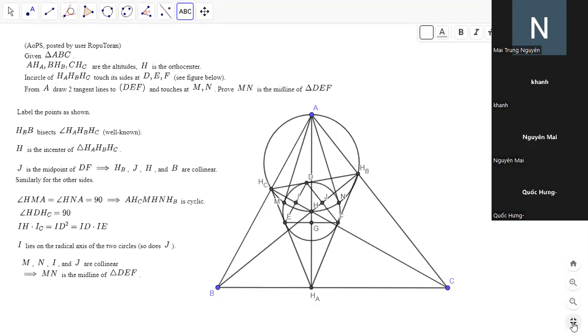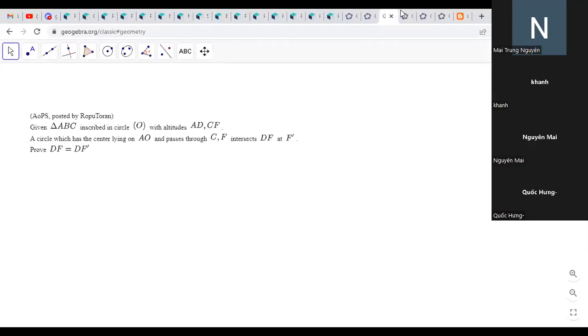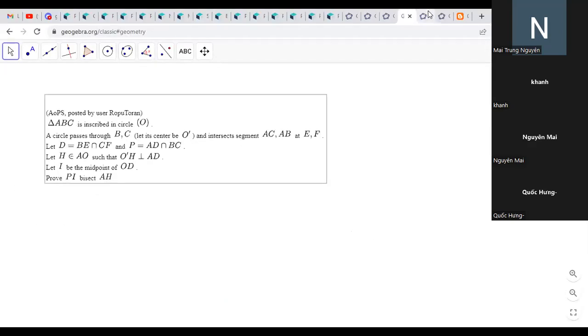So yeah, I put a lot of problems here. So that one might be too easy. This one looks good. We'll see if this one's harder.